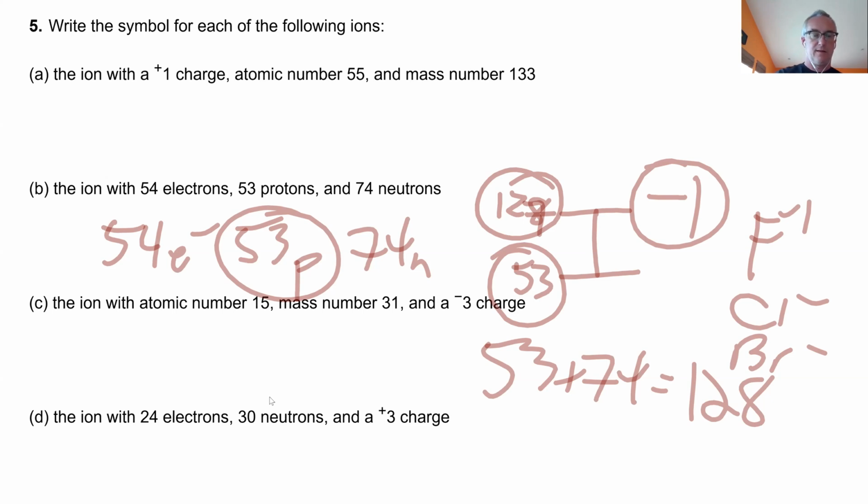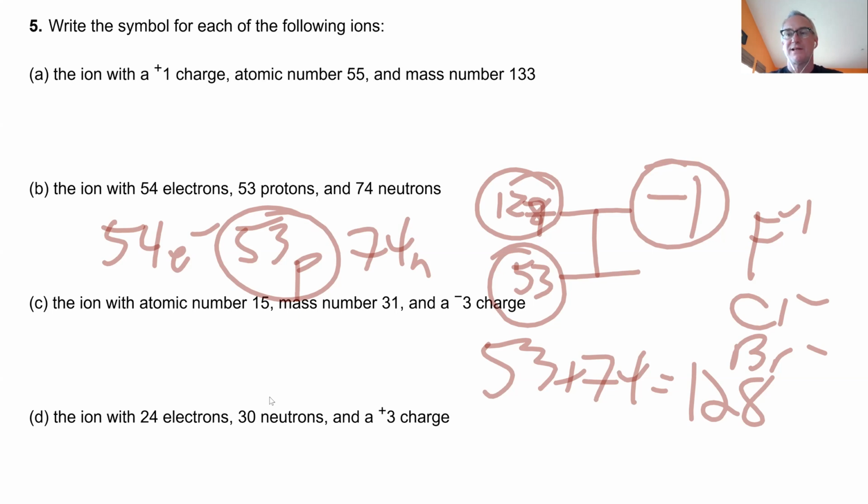I've noticed that you write negative charge like -1, -3. But when I was learning that, I was writing 3 negative, 1 negative. Yeah, that's fine.